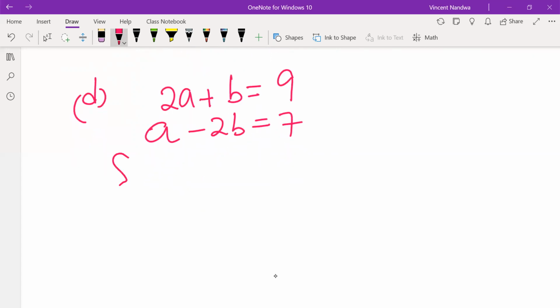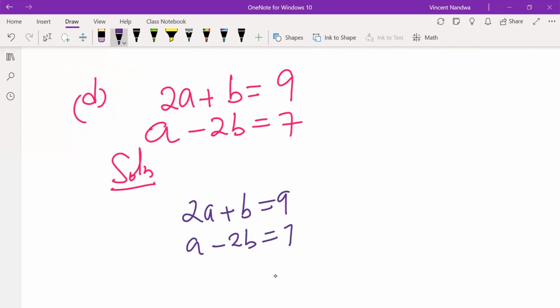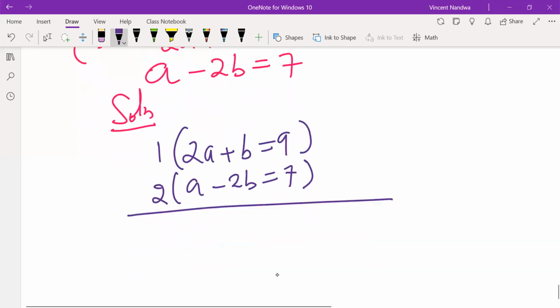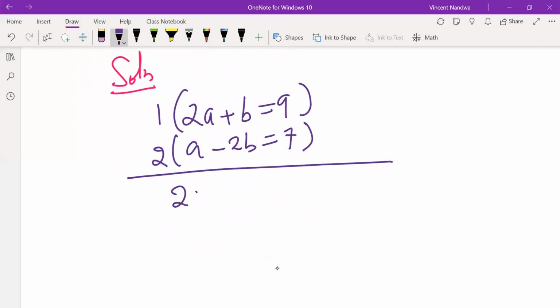So here, if we have to eliminate A, coefficient of A in the second equation is 1, coefficient of A in the first equation is 2. So that's what we write. 1 by 2A is 2A, 1 by B is B, 1 by 9 is 9. 2 by A is 2A, 2 by minus B is minus 4B, 2 by 7 is 14.